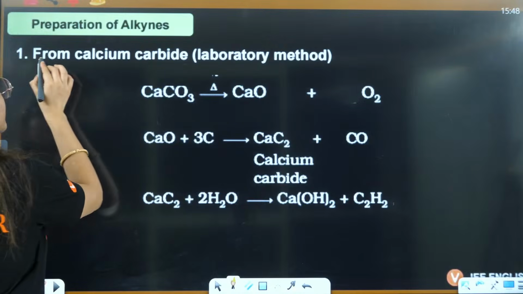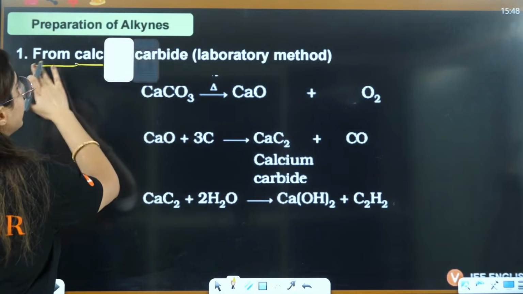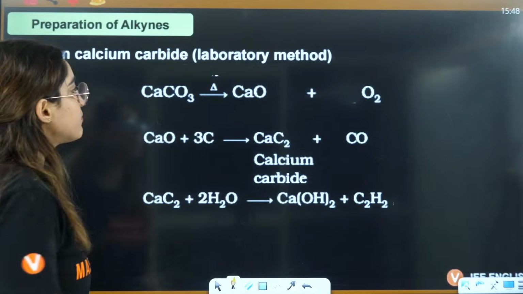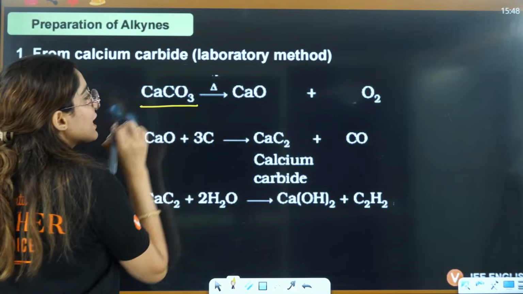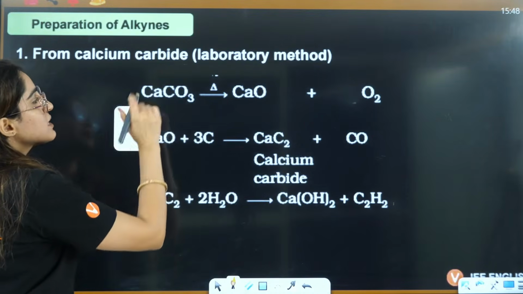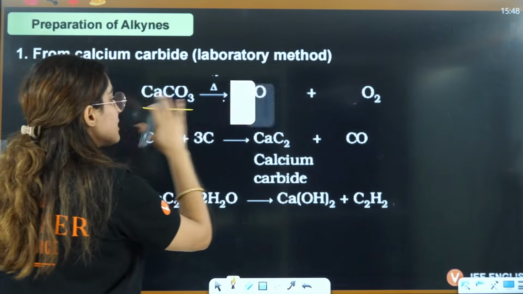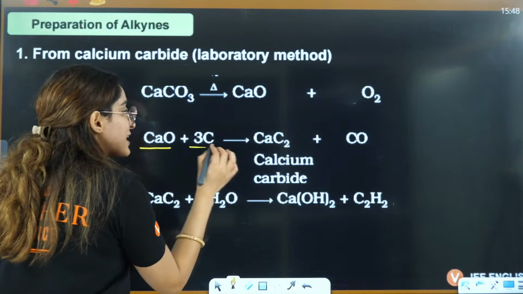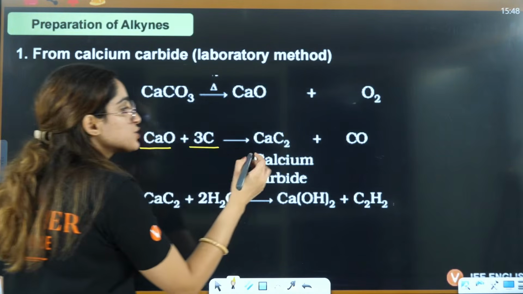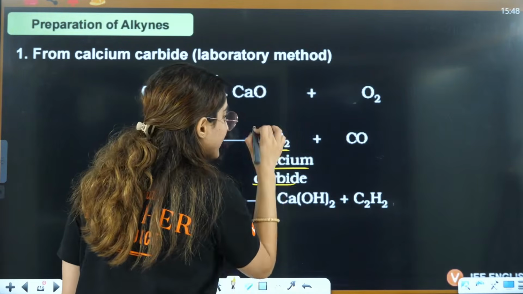From calcium carbide, when you talk about calcium carbide, so you have CaCO3 here, right? That after heating is converted to quicklime and carbon dioxide. This quicklime, when it is reacted with carbon, is going to give you calcium carbide.